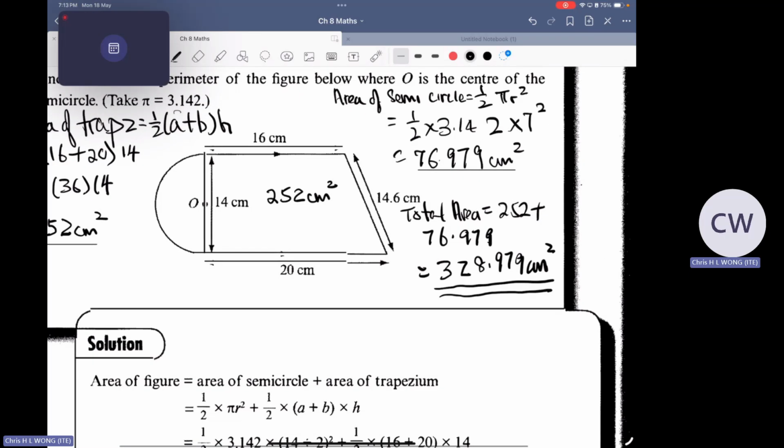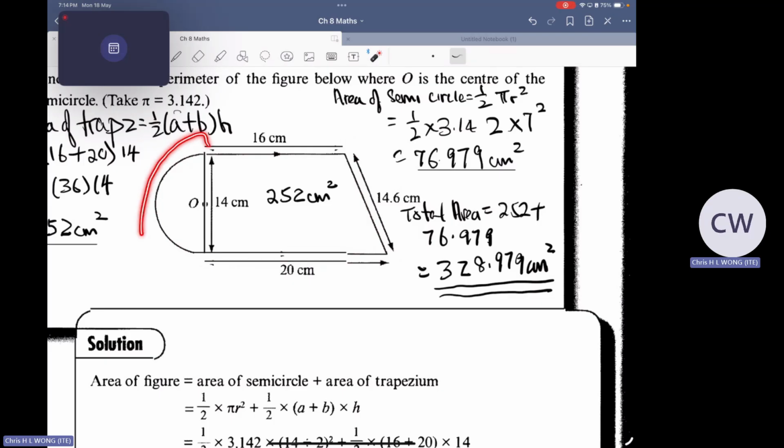Okay. Now, if you want to find the perimeter, you must add this, right? This plus this, all you know, but the only thing you don't know is this one, right? So you must find the circumference of the semicircle. Once you find this, you can add 16, add 14, plus 20, that's the answer.